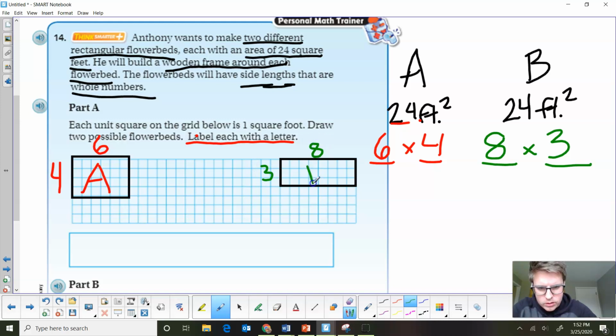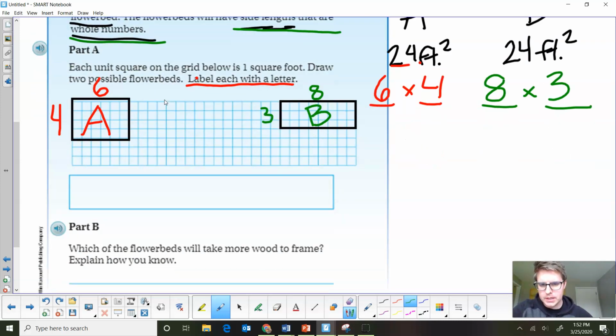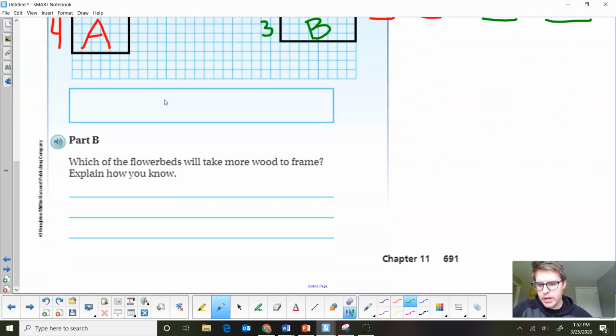And this is going to be called rectangle B. Success. Do both rectangles have an area of 24? Yep. Do both rectangles have side lengths that are whole numbers? Yep. And do both of them have different perimeters? Yep. Time to move on to part B.